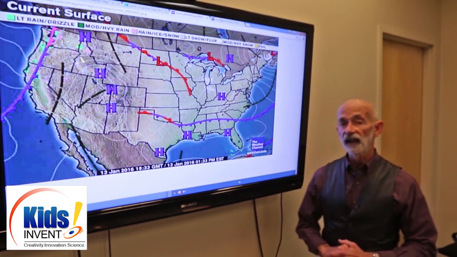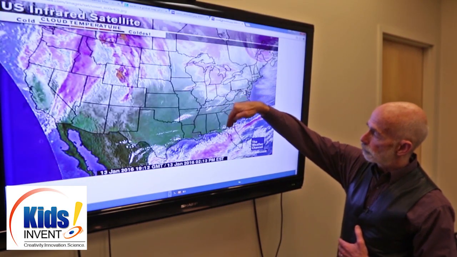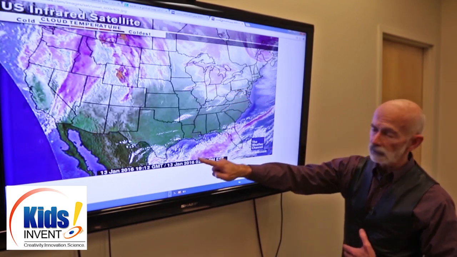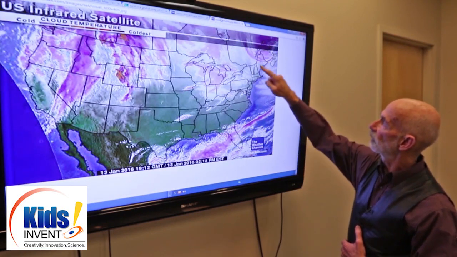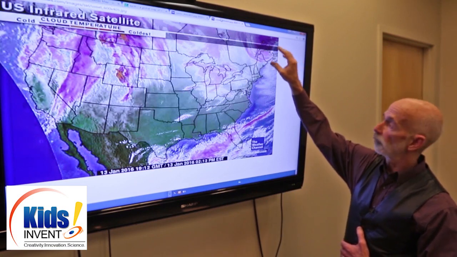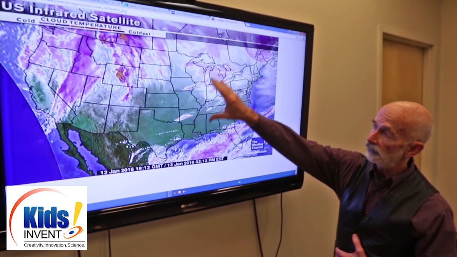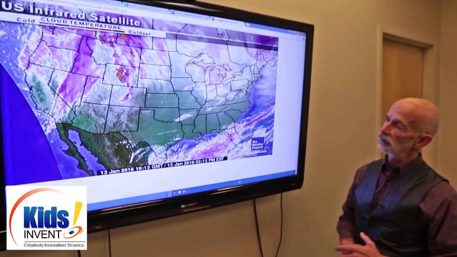So let's now look at the cloud cover for the day. And we've got that band of cold air coming down, and we've got a whole stream of a band of clouds up there. We can see up here that we've got not really thick clouds, but certainly growing clouds right there, and over much of the United States, not clear skies, but partially clear.